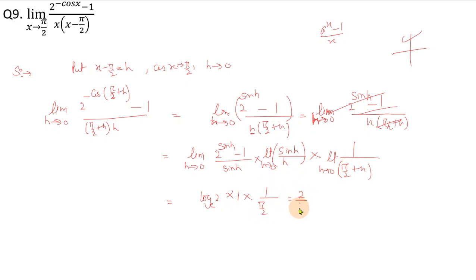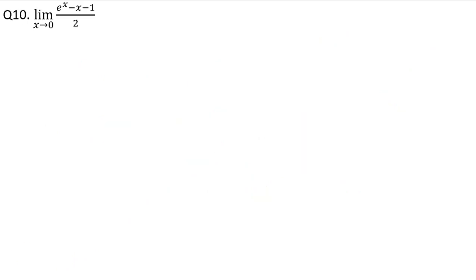So this is 2 upon pi log of 2 base e, and this is the answer. Keep in mind, wherever necessary you multiply and divide by the same factor. As needed in this question, we have 2 power sin h but there is no sin h in the denominator, so we multiply and divide it by sin h. Let's move to the next question.